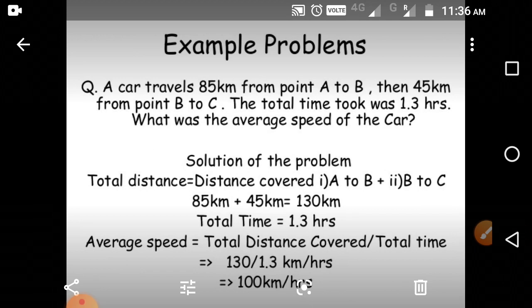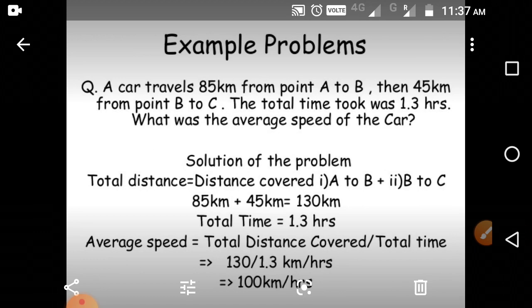So the total distance is 85 plus 45, which is equal to 130 km. And the total time was given as 1.3 hours. So the average speed is found by total distance traveled divided by total time taken, which is 130 divided by 1.3. That's 100 km per hour. That is the average speed.